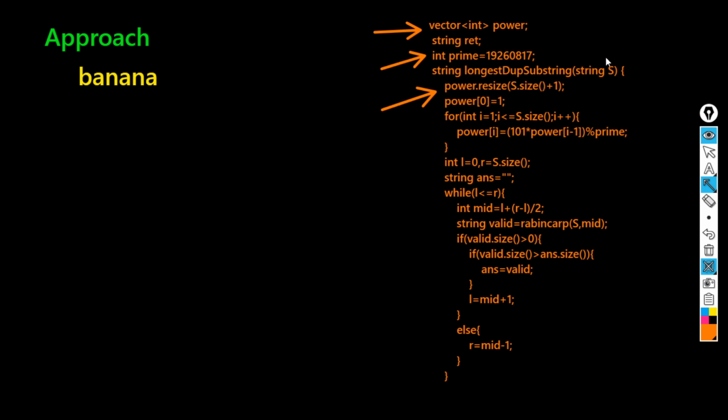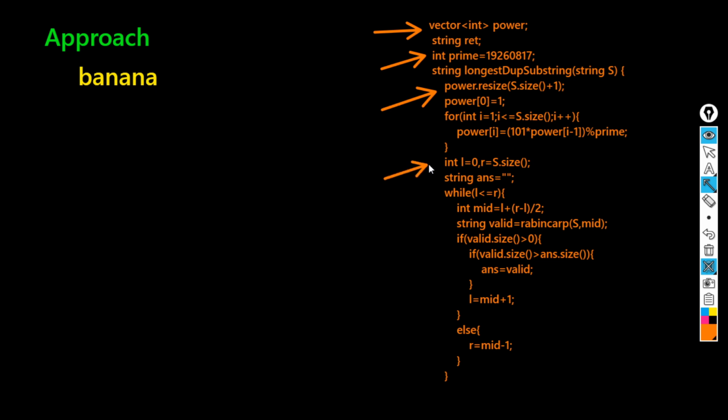Then we are initializing the power 0 index by 1, because anyone's power 0 will be 1. Then we are calculating the power indexes. Why are we taking modulus with a prime? Because of less memory, so that we get smaller values and do not have higher values.